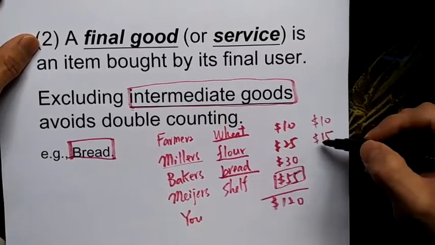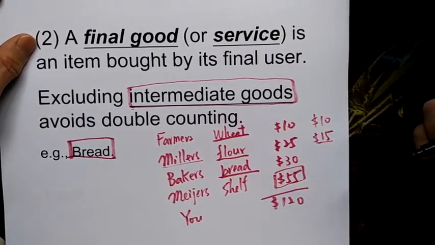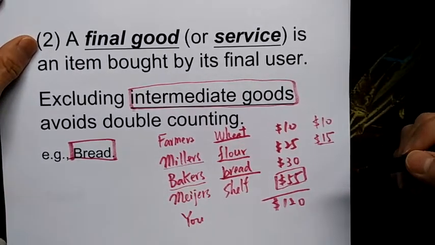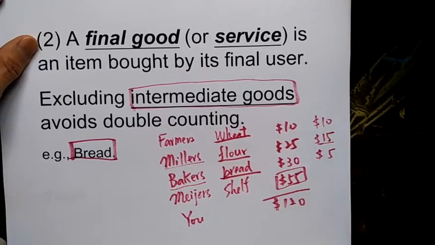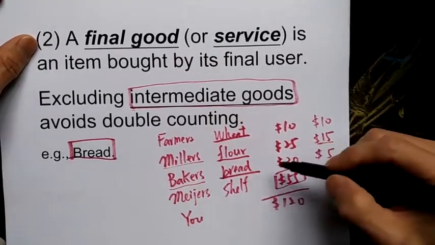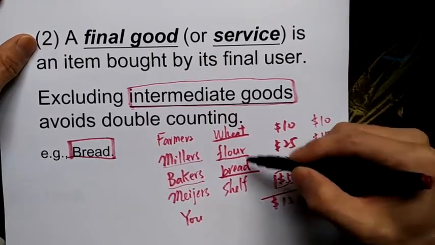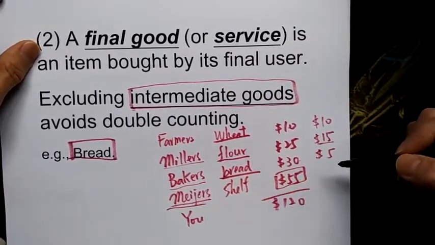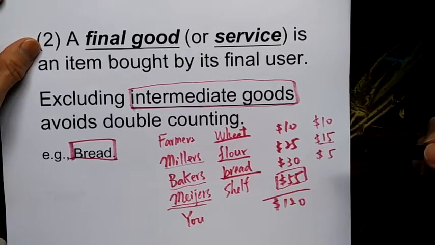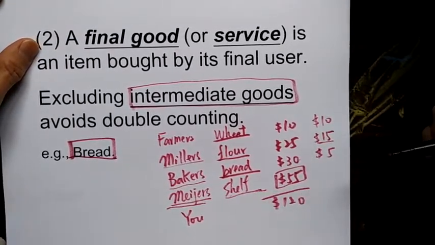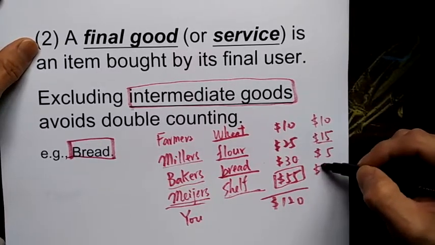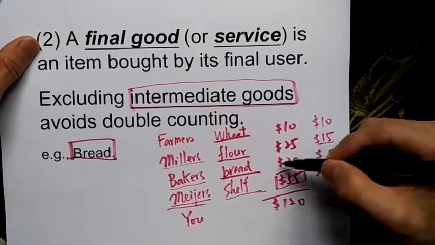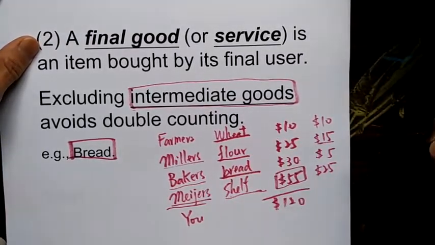Bakers' contribution to the economy is $5, because they only add $5 to the value of flour. And what is Meijer's contribution to the economy? To the shelved bread? The answer is $25, because they add $25 of value to the bread produced by bakers.